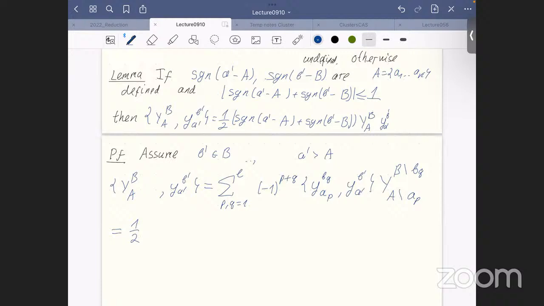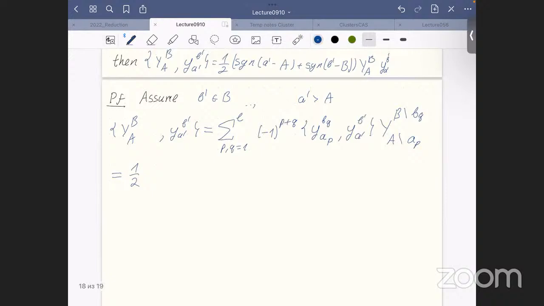When we compute YAB and YA prime B prime, YAB is the determinant of the YAP BQ, terms of L times L. We use the Poisson property. So it is a combination of the products, and the bracket of one term with everything else.